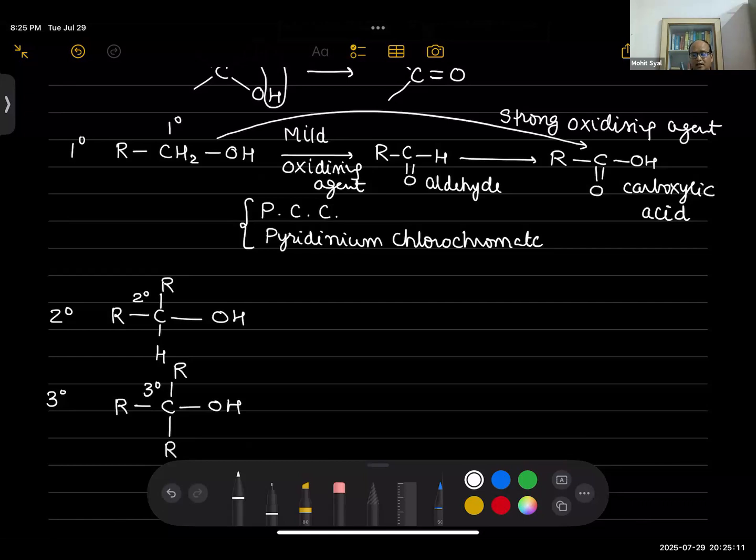So Jaslin and Aisha, what is the formula for pyridinium chlorochromate? You take CrO3, you take pyridine. This pyridine is like benzene with one nitrogen, NHCl. Got it?